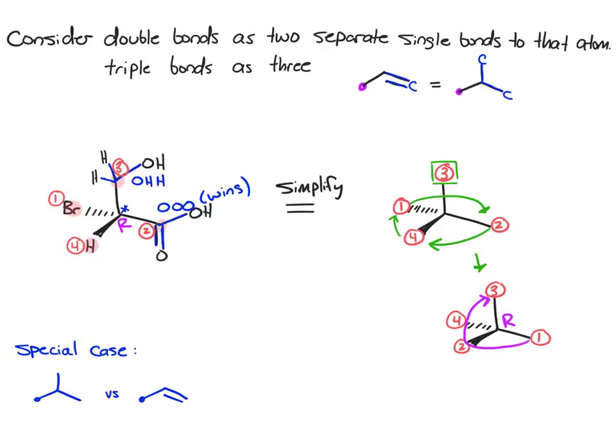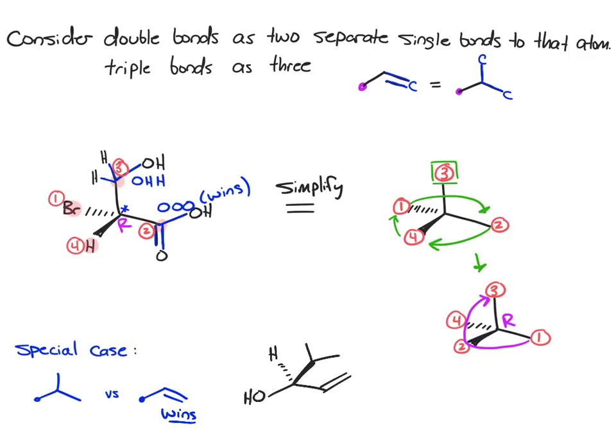One special case to know is if in a molecule you have a double bond and this isopropyl group that essentially, based on what we talked about, would tie, because here's a carbon attached to 2 carbons, and if we treat the double bond as 2 separate single bonds, this carbon's attached to 2 carbons. So how do we know what to do here? Basically, if you run into this specific circumstance, the double bond wins in terms of priority.